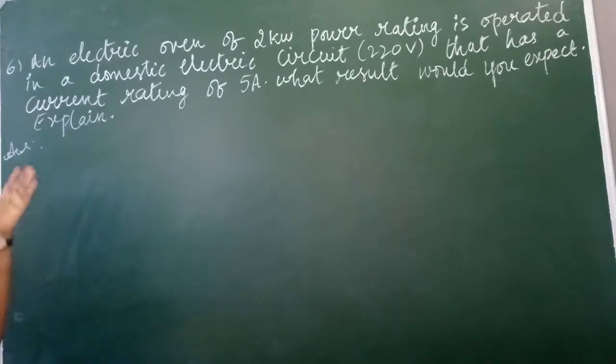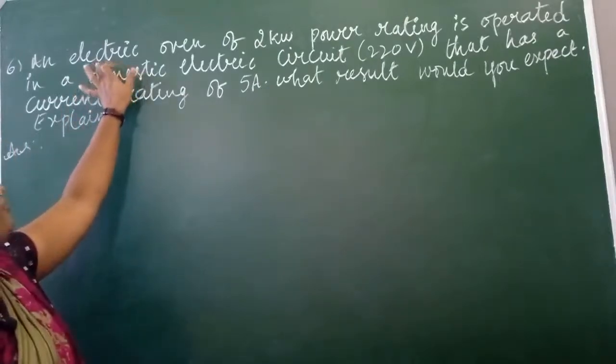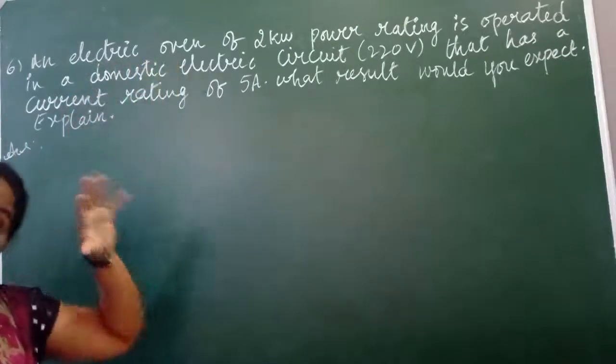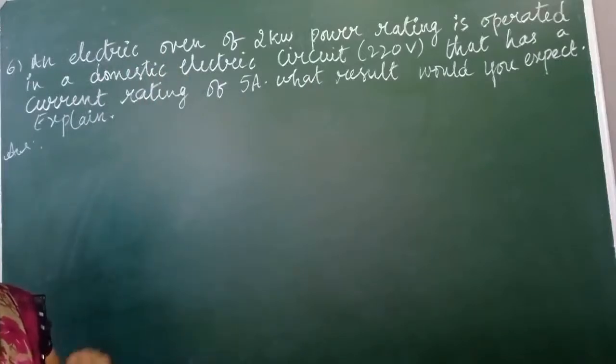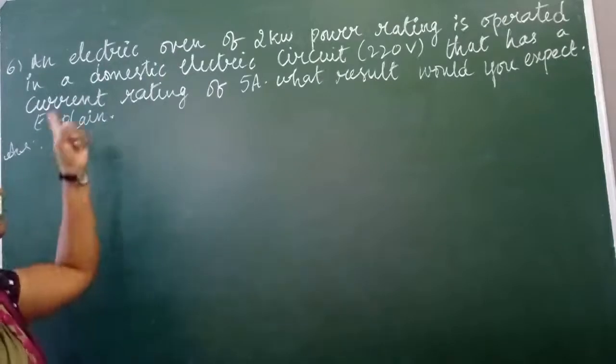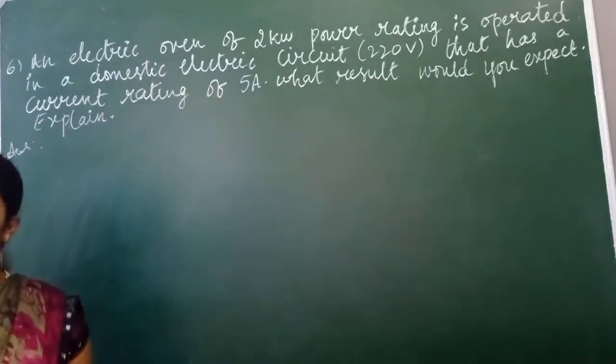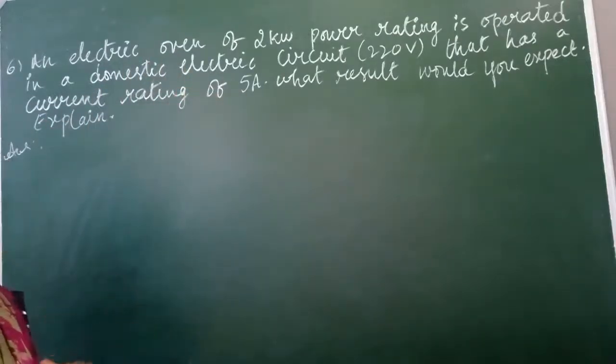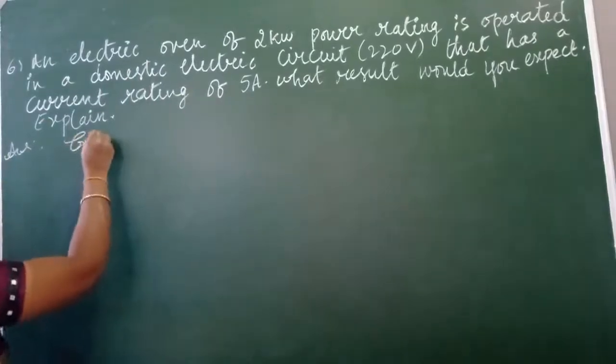Children, this electric oven, when we look at this question, generally we know that high power rating devices need which fuse, children? 15 amperes fuse they need, but here they are connected to 5 amperes fuse. So let us see what happens now, step by step. What are the given things, children?